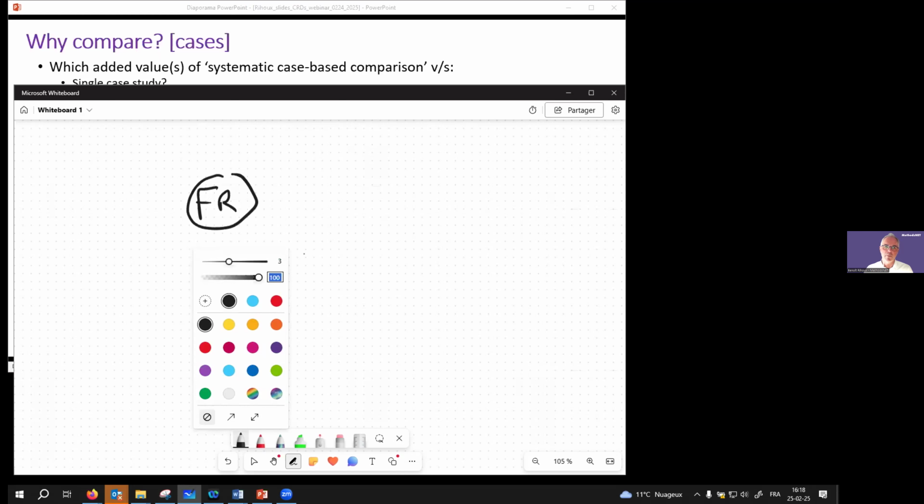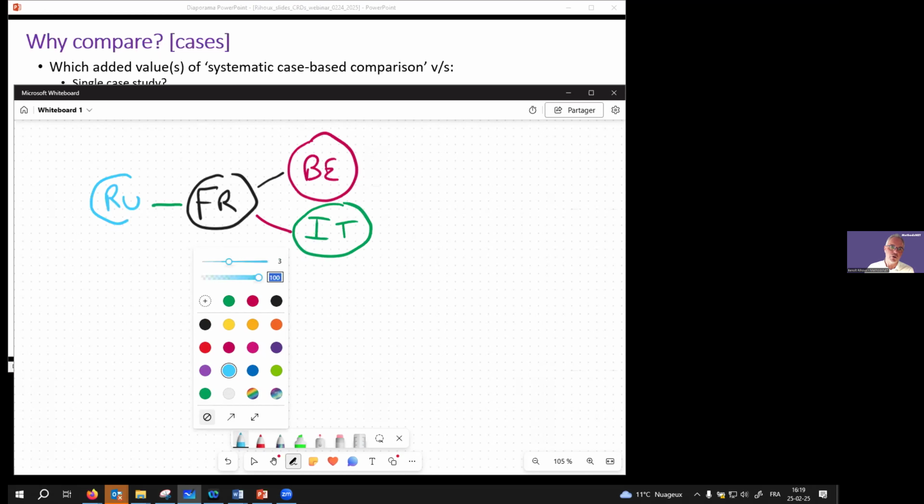And then you believe it is a particularly important case of a national revolution, and in order to understand it better, you could contrast it with another revolution, which could be the Belgian national revolution, which took place a bit later, or the Italian national revolution, which is also of a slightly different nature, or perhaps even the Russian Revolution, the Bolshevik Revolution in the early 20th century.